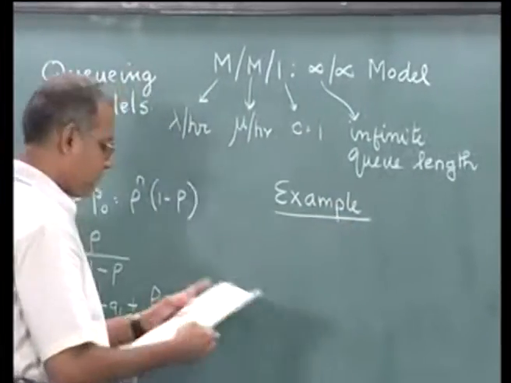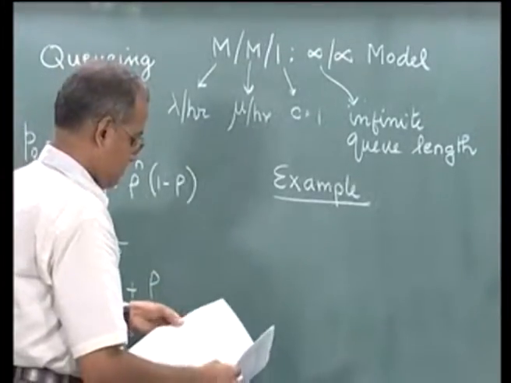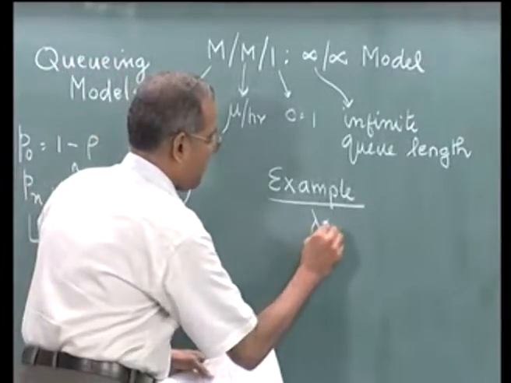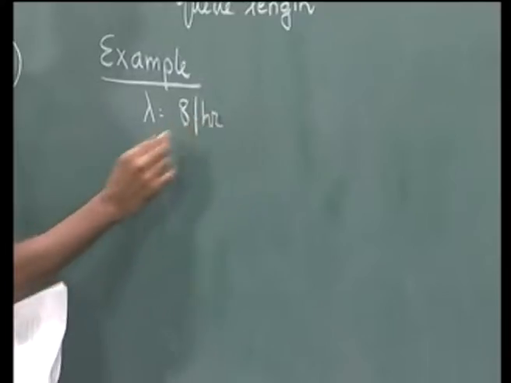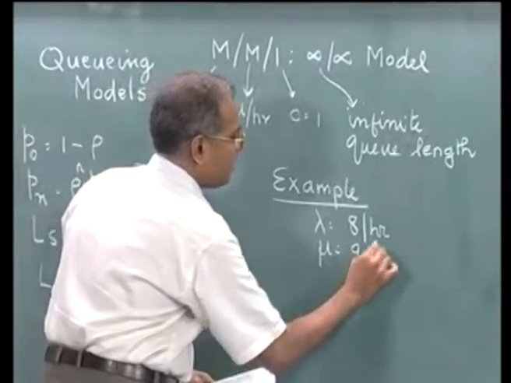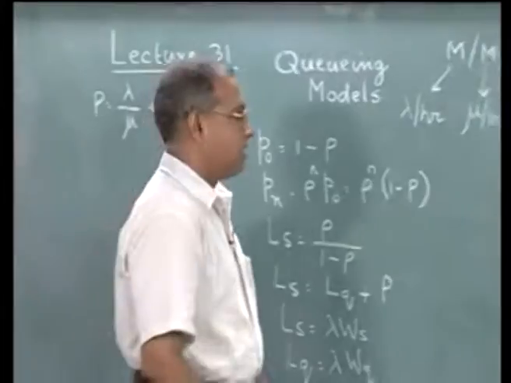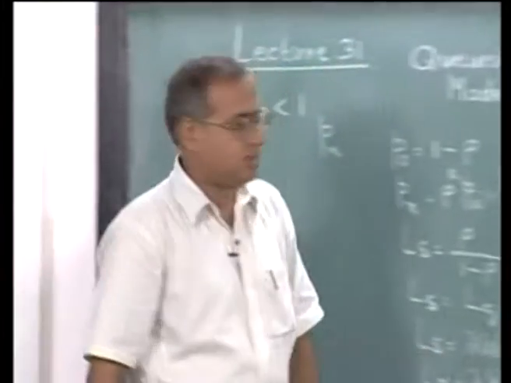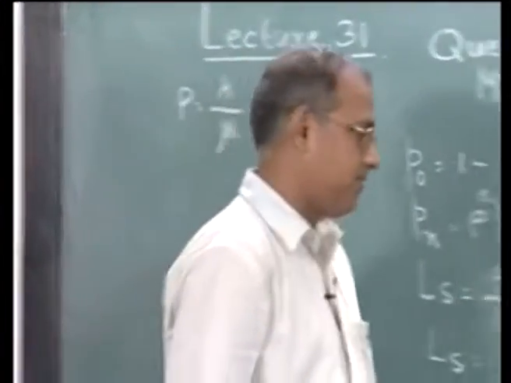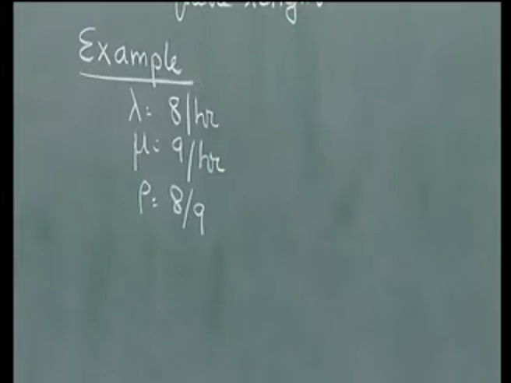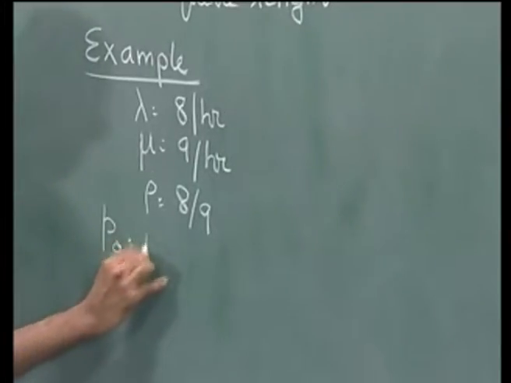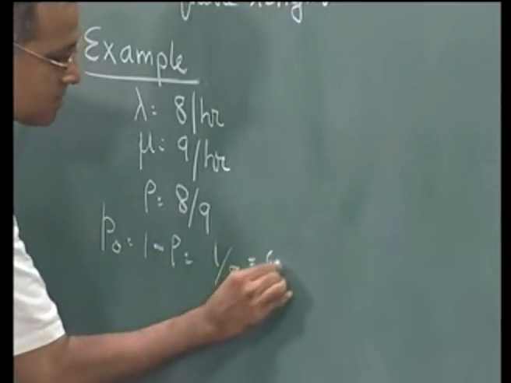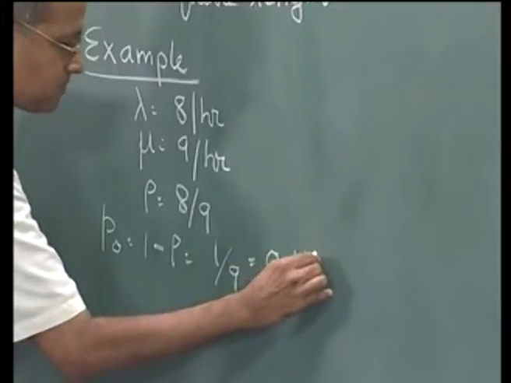Let us look at an example where lambda is equal to 8 per hour and mu is equal to 9 per hour. This would give us rho, which is lambda by mu, equal to 8 by 9. Now, from the equation P naught is equal to 1 minus rho, which is 1 by 9, which is 0.111.